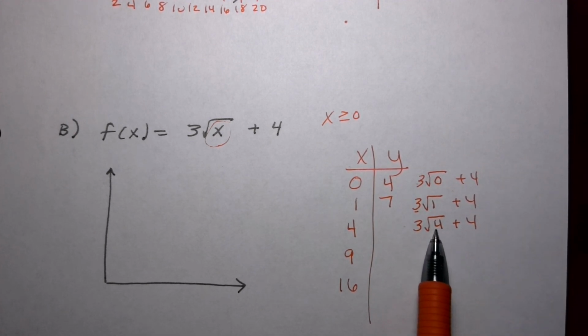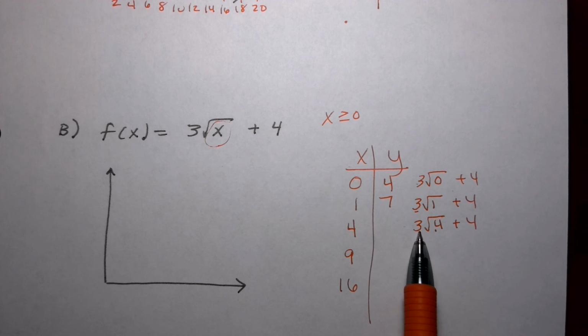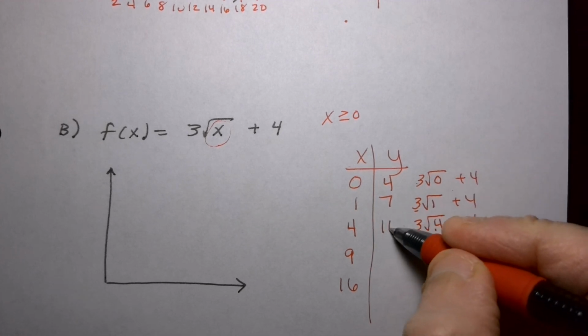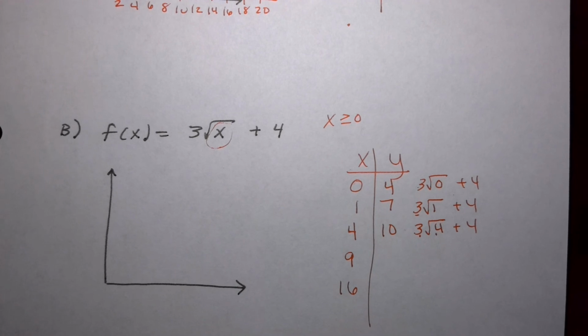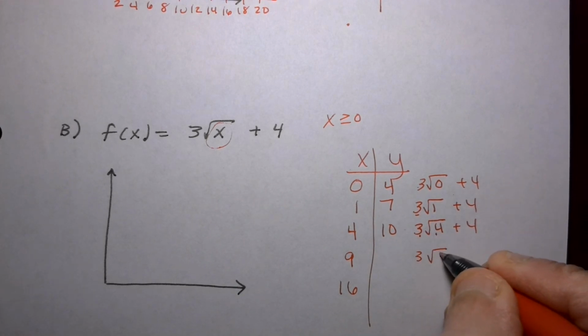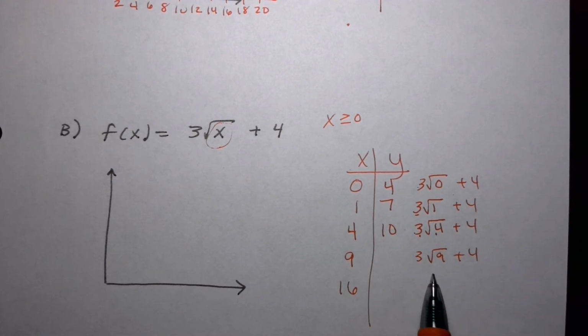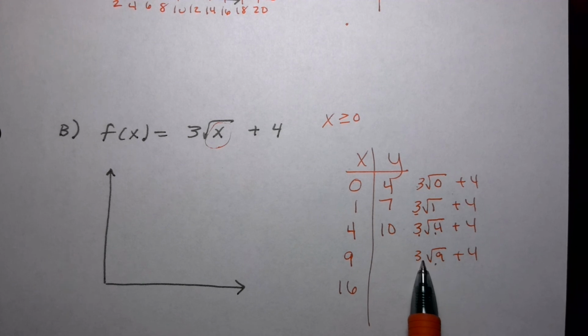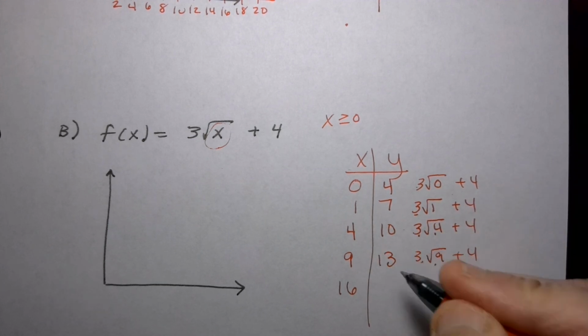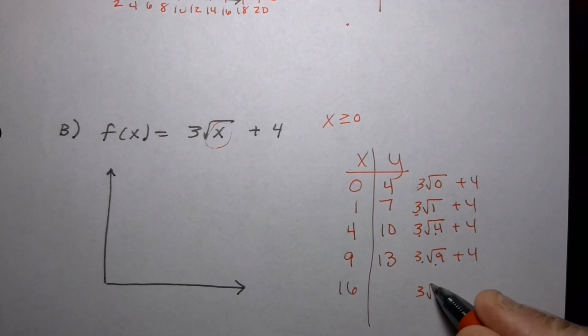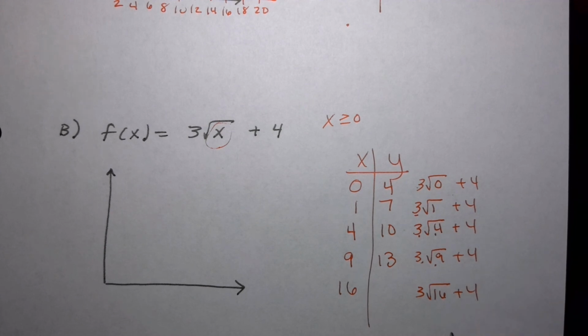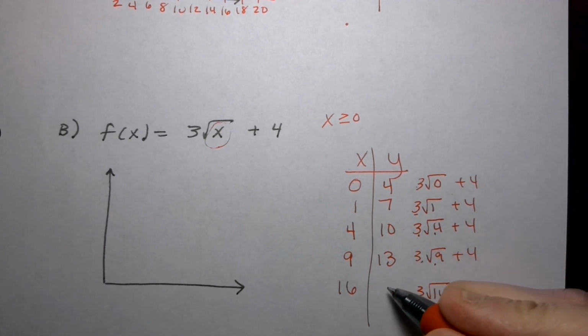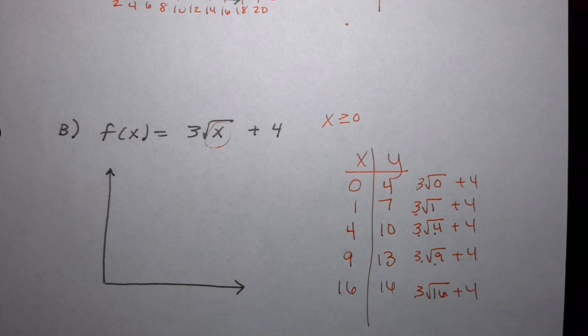Square root of 4 is 2, times 3 is 6, plus 4 is 10. Square root of 9 is 3, times 3 is 9, plus 4 is 13. I'm sorry, that is not 12. And we'll do our last one. Square root of 16 is 4, times 3, that's 12, plus 4 is 16.